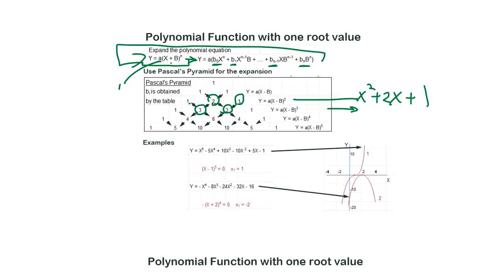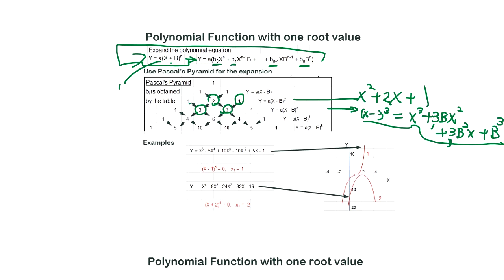So when you expand to the third power, the coefficient is going to be x cubed plus 3b x squared plus 3b squared x plus b cubed. This coefficient 3 and 3 can be determined by Pascal's triangle.